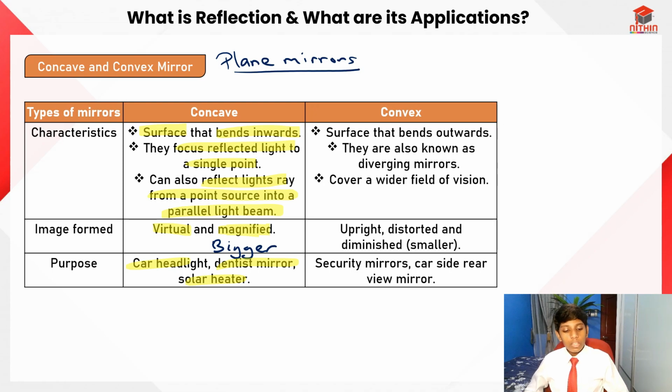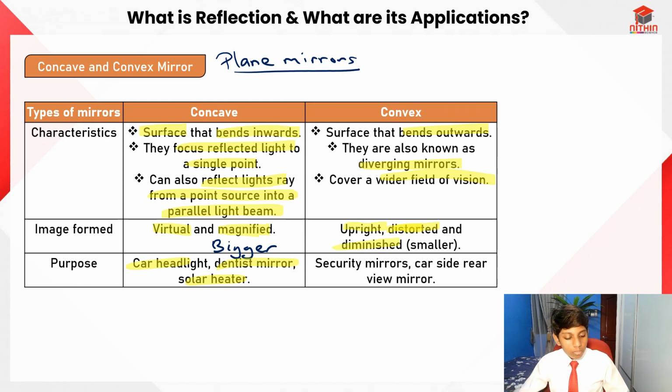Next we have convex mirrors. Convex mirrors are basically the total opposite of concave mirrors. Their surface bends outwards. They are also known as diverging mirrors. They cover a wider field of vision instead of just focusing to a single point, and the image is upright but distorted, so it's a bit harder to see.